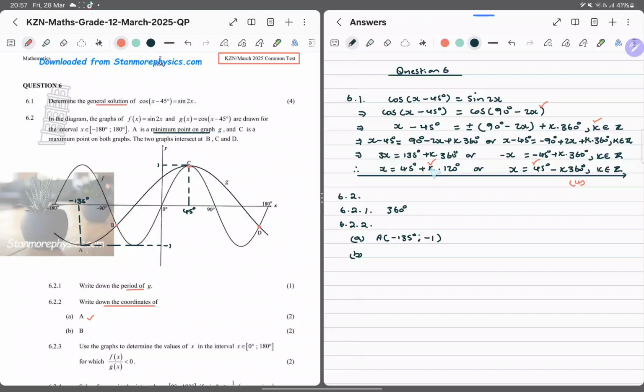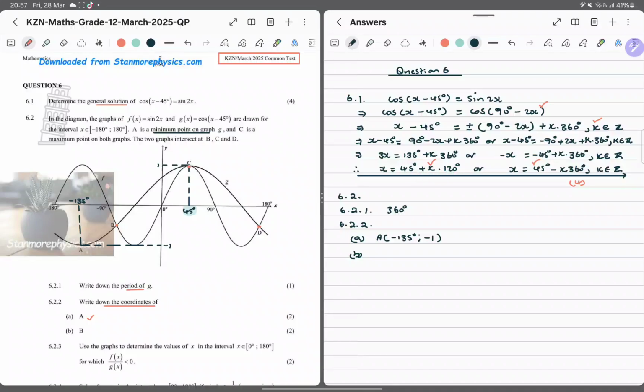Now let's look. If we say k is 0 in both instances, we get 45 and 45. So this is spelling out this one, and that's not what we're interested in. So when k is 0, we get that C. Then let's say k is 1. When k is 1, what happens?